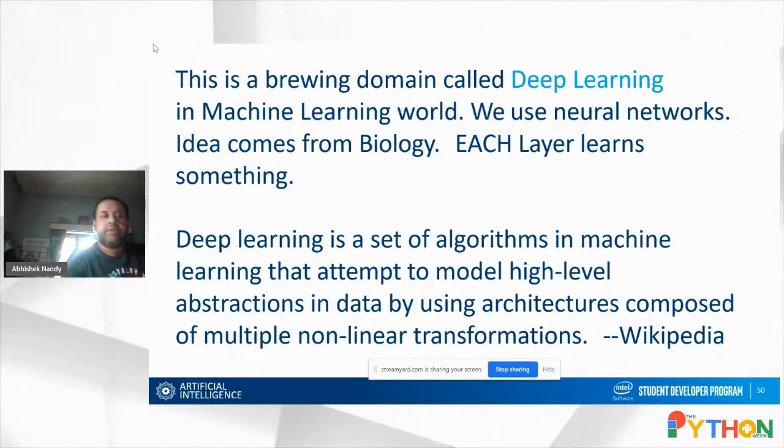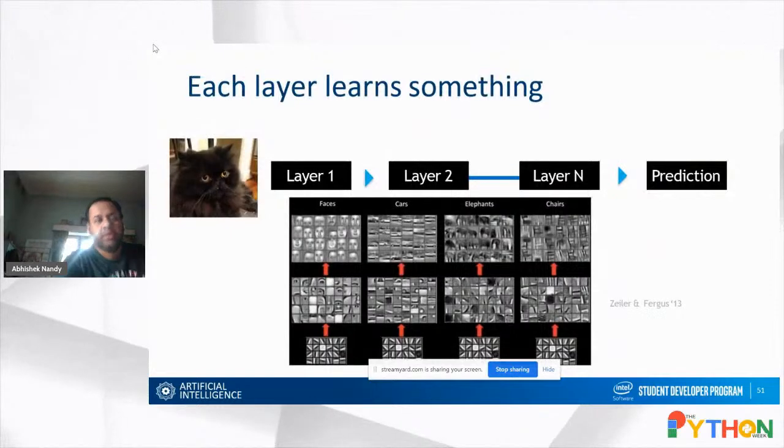We use neural networks. The idea comes from biology. Each layer learns something. So deep learning is a set of algorithms in machine learning that attempt to model high level abstractions in data by using architectures composed of multiple non-linear transformations.